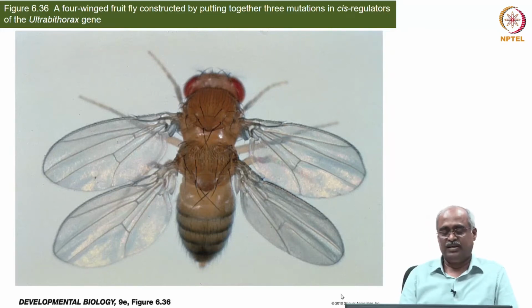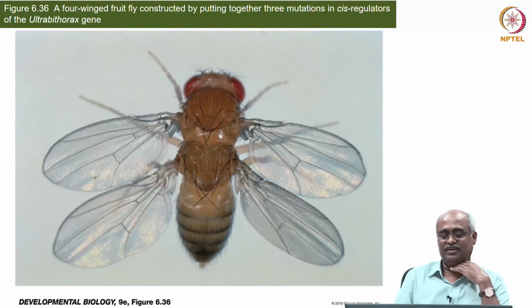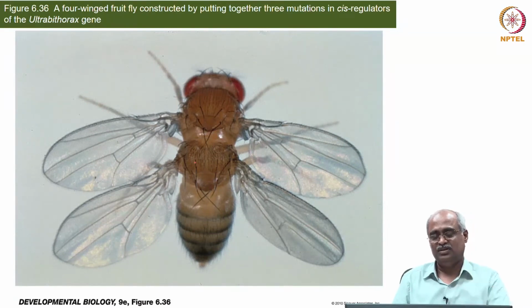So to recap again, homeotic genes specify, for example in the thoracic region, the three segments, each of which forms one pair of legs, so you have three pairs of legs.